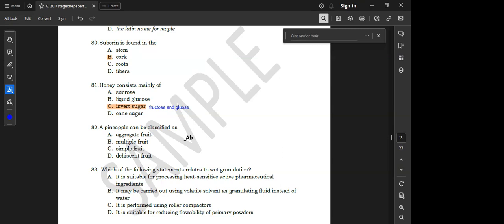Pineapple can be classified as an aggregate fruit, multiple fruit, simple fruit, or dehiscent fruit. Rami says multiple fruit. What are the types of fruits, if you can discuss that?